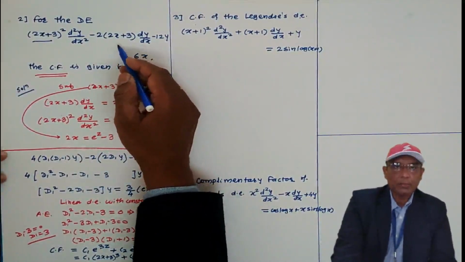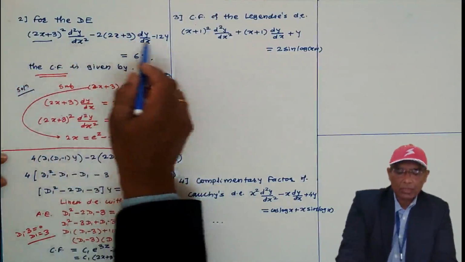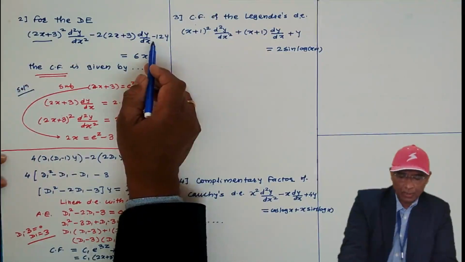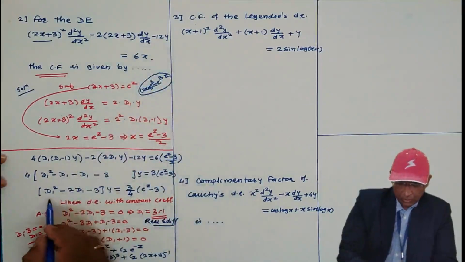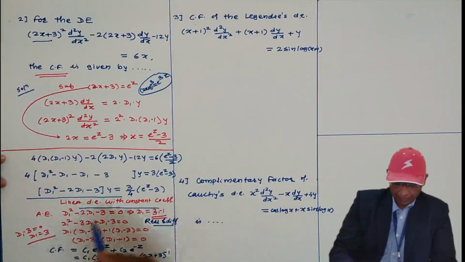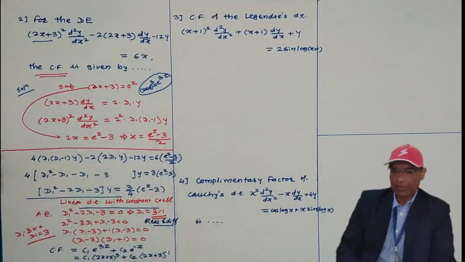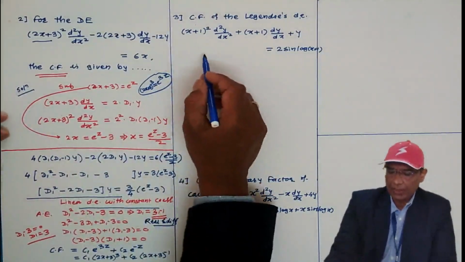Okay, this question can be asked in two ways. Transform this equation into this differential equation, which is linear differential equation with constant coefficient, or find complementary factor, and we found complementary factor. Same thing we are doing here again.